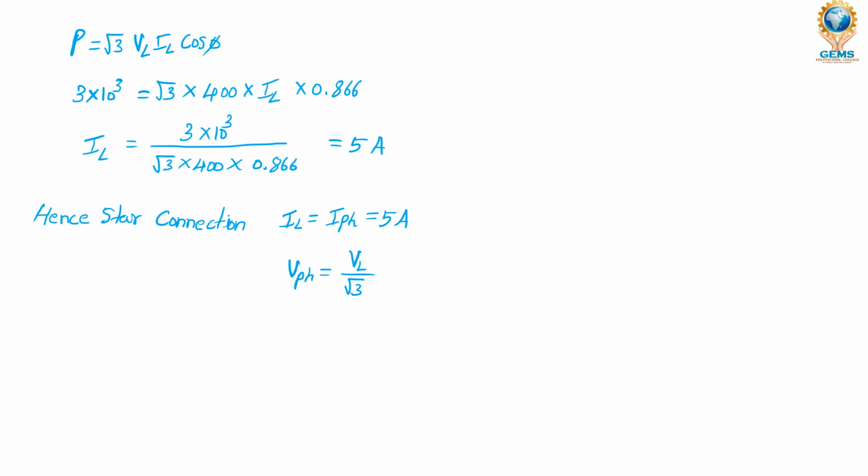Otherwise, we can write that VL equals √3 V phase. VL we already know, VL is 400, equals √3 into V phase. V phase we don't know.